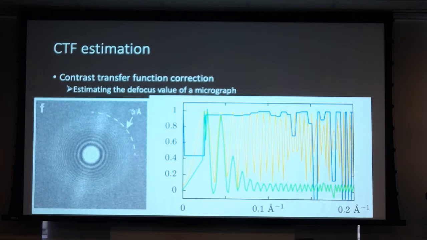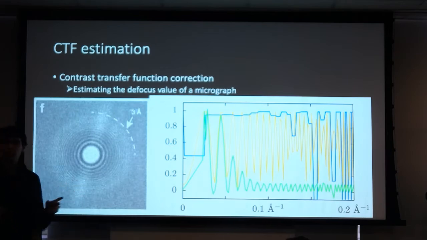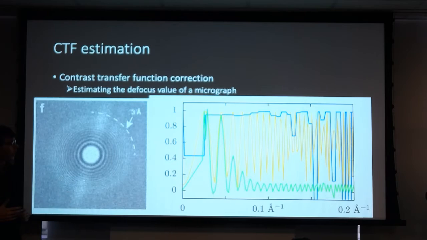So here it's also actually a good picture to show you why this is important. Because the way you correct for the contrast transfer function is by this Wiener filter that Fred was talking about.